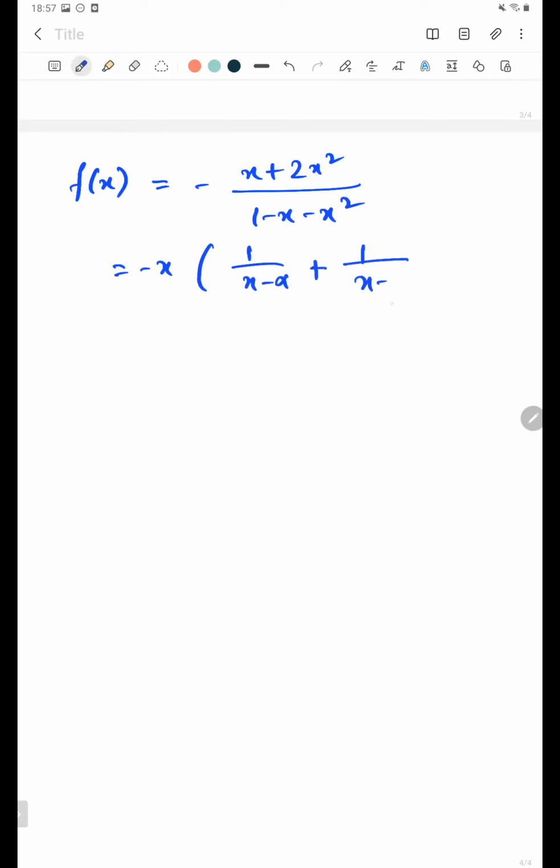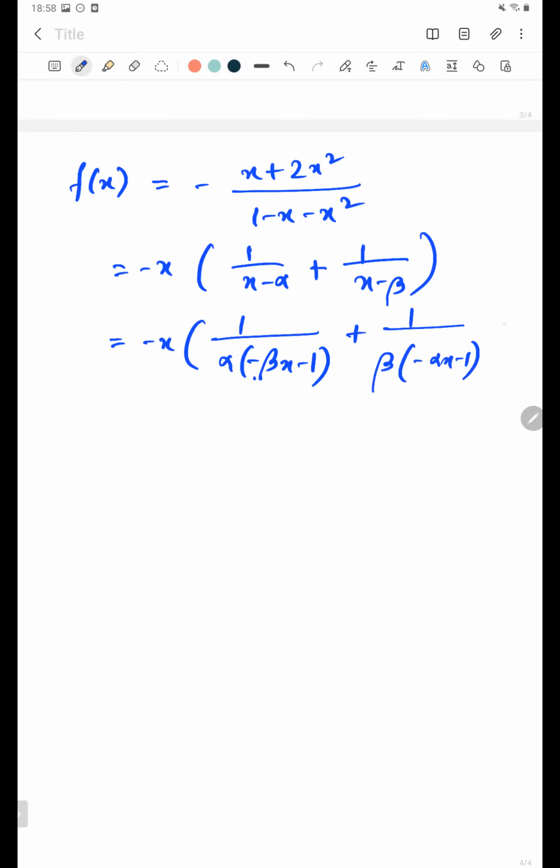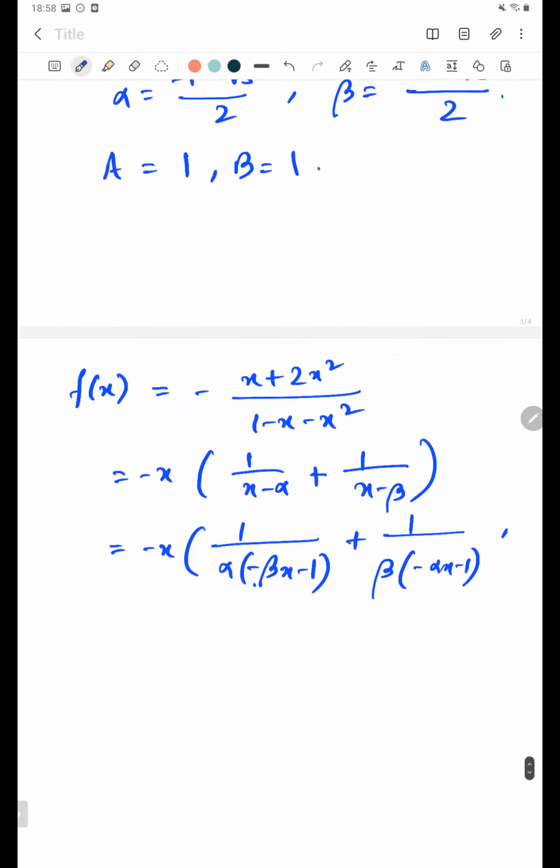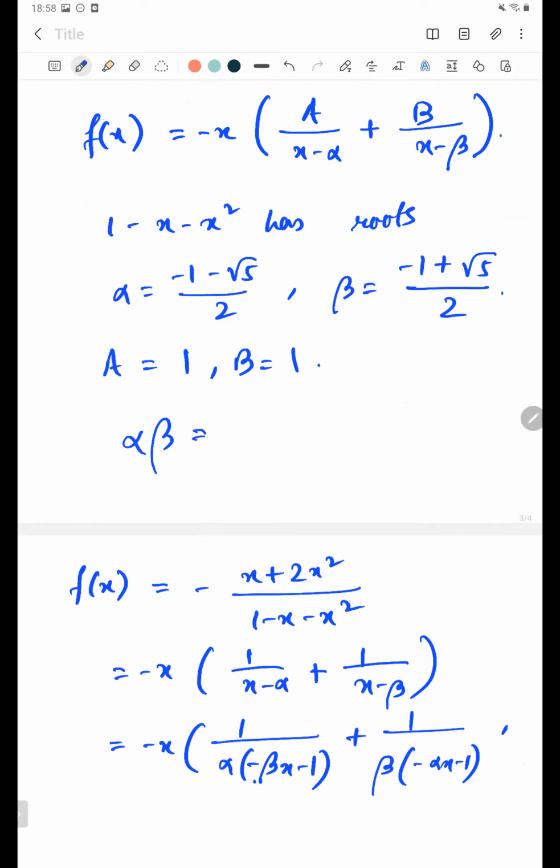So now fx can be written as this. Well, so we can check from here that alpha beta is equal to minus 1.